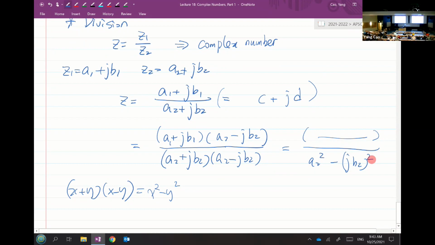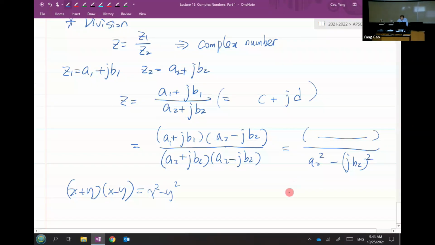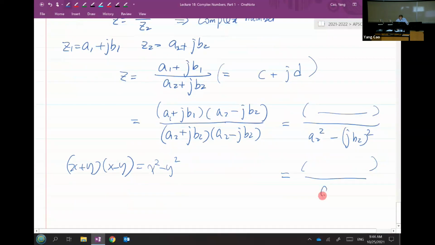I'll let you handle the numerator, which is just multiplying the two complex numbers out. So what's a2 squared minus j b2 squared? j squared is -1, and you have another negative in front of it. So the bottom becomes a2 squared plus b2 squared.